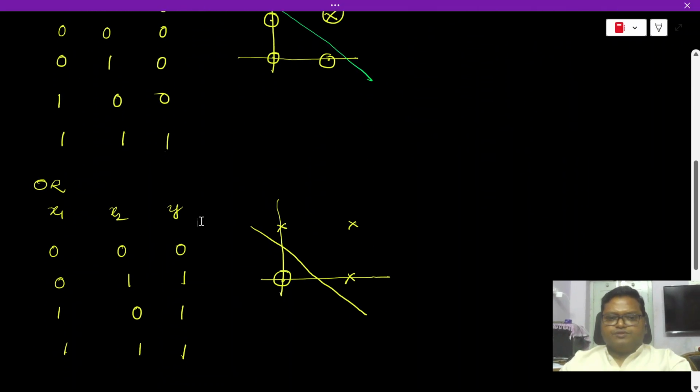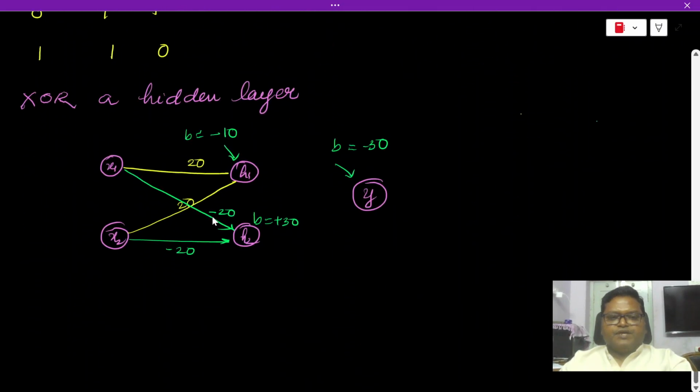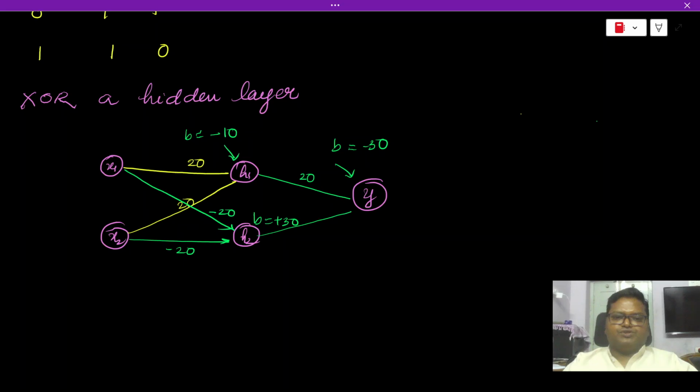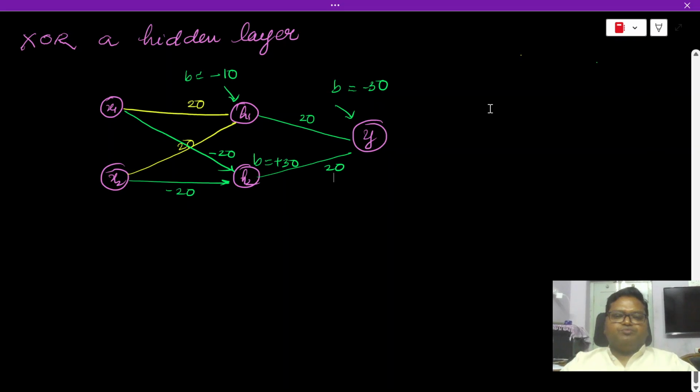And these values are 20 and this is also 20. So what will be the H1?